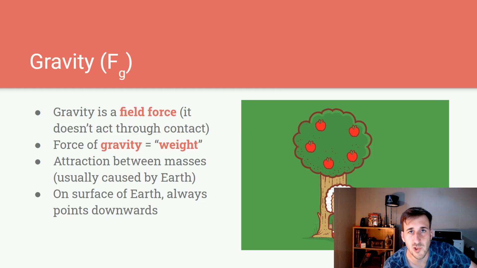Mass in general, and by the way, mass is just matter, so stuff, atoms, anything that's made up of atoms, which is everything except for light and weird stuff. But anything that you can think of really is attracted to something else. So this pen and my finger have a certain attraction to them because my finger is made up of mass and the pen is made up of mass, and they attract one another.